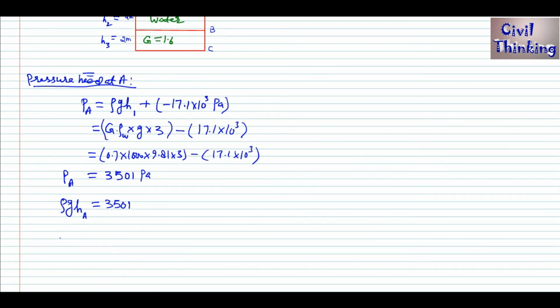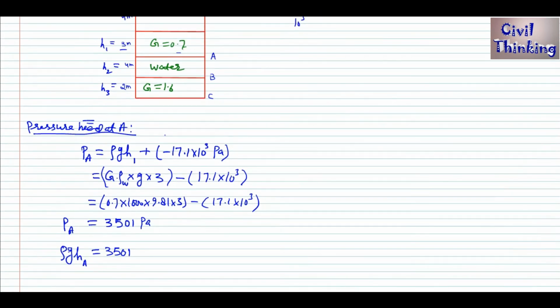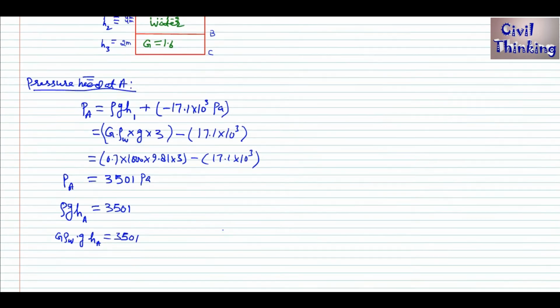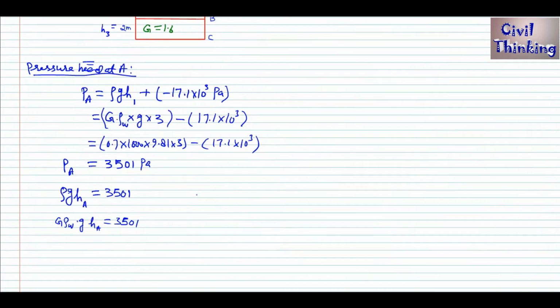Now, this rho is density of this material, which is G equal to 0.7. So it is G times density of water multiplied by g multiplied by head at A, which is equal to 3501. Now G is what? 0.7, right? 0.7 into 1000 into 9.81 multiplied by head at A. We don't know head at A, it is equal to 3501, right?